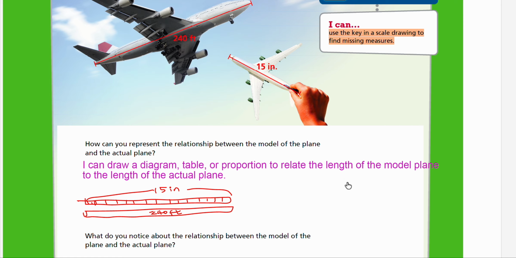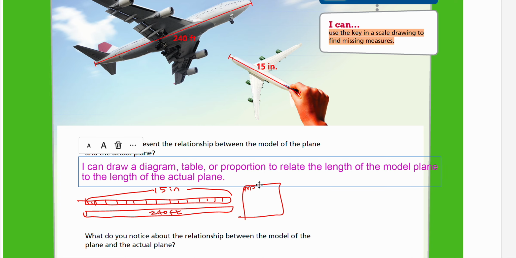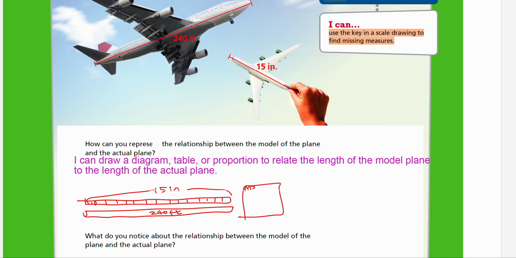And then by table, you can draw a table with model airplane versus real. Then you can say, okay, 1 inch on the model would in real life be 240 divided by 15 feet, right?